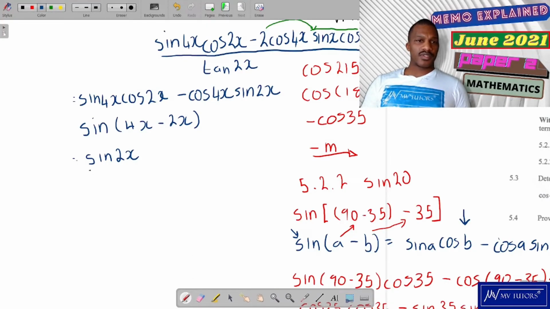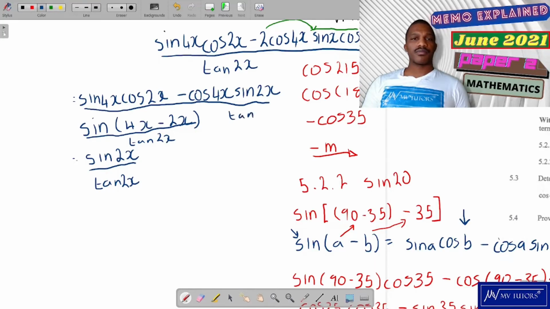So let's divide that by tan 2x. Actually, even here, all of them should have a tan 2x, because we're really just simplifying the top. All right, so here we go. And then remember that we can rewrite tan as sine over cos.